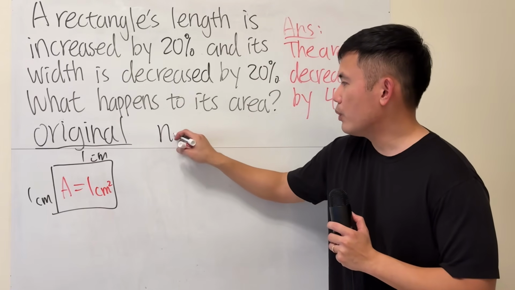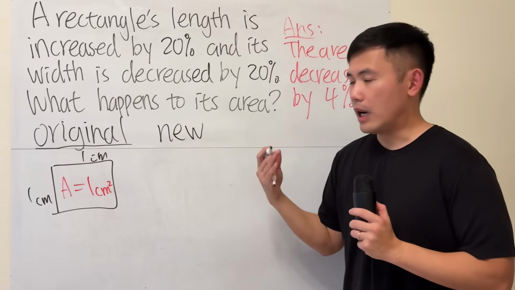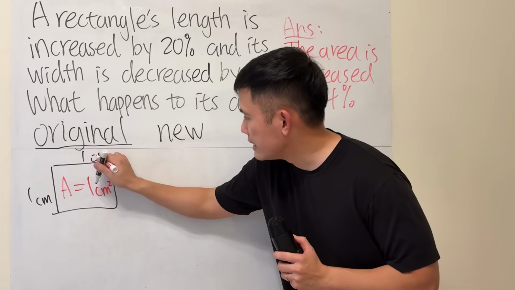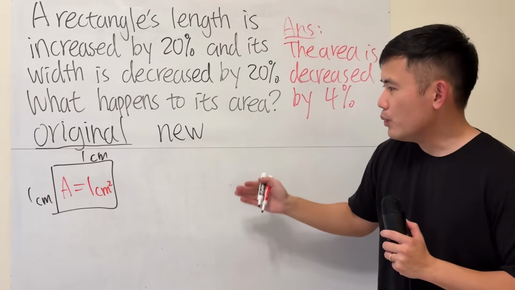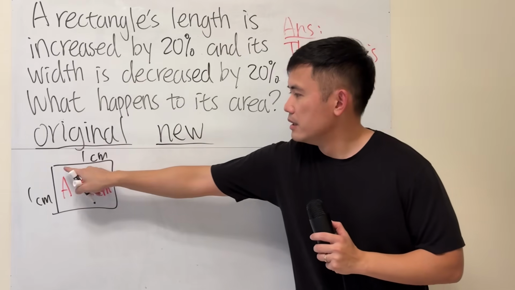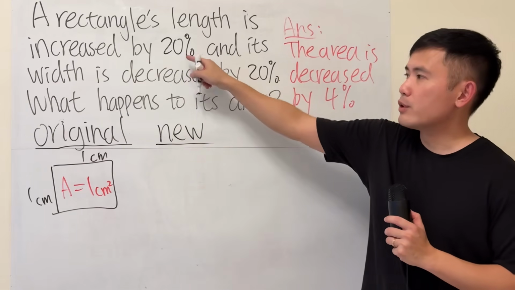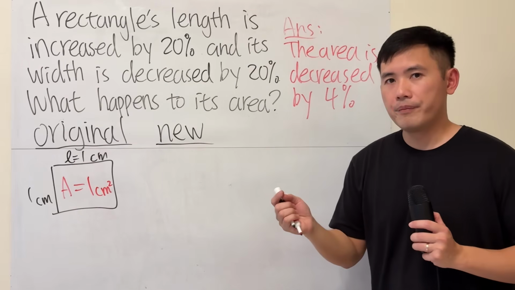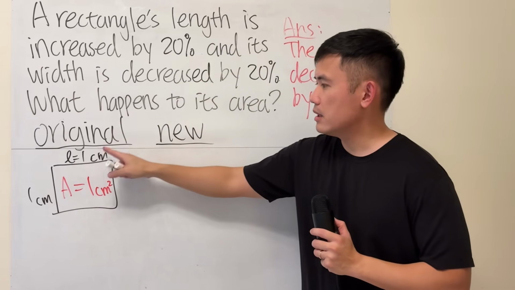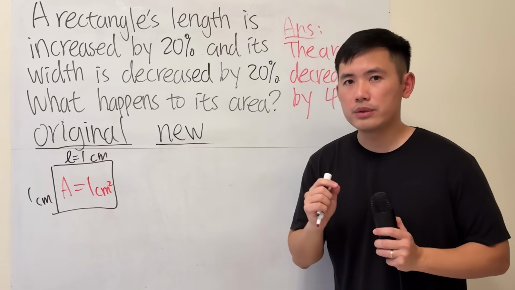Now we have the new one. How do we get the new one? This is not IC, this is not IM, this is CM. The new one is that this side is increased by 20%. Let's say this right here is the length. 20% of 1 is 0.2.